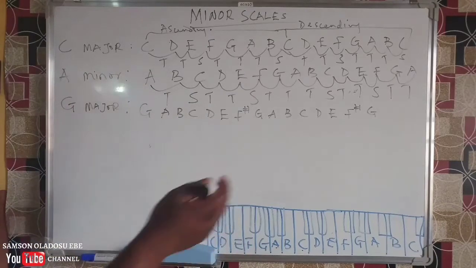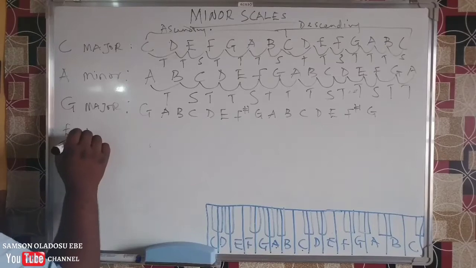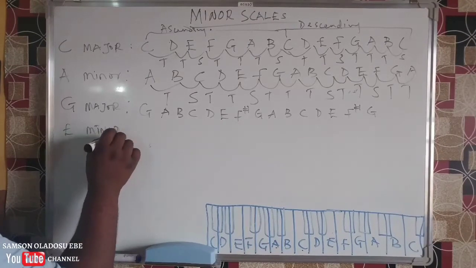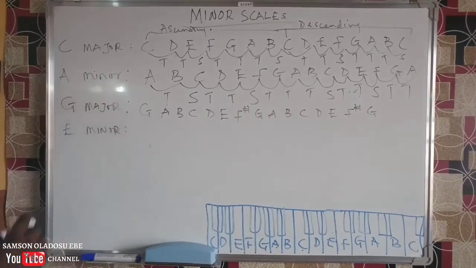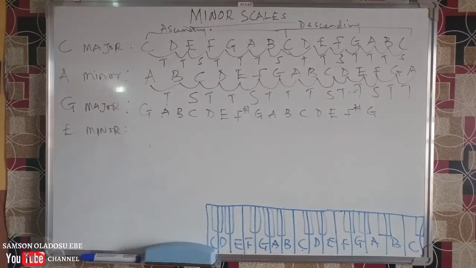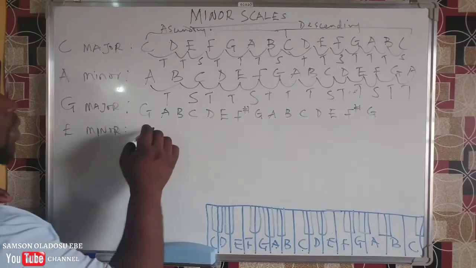Which means that the relative minor of G major is E minor. E minor. Alright? That is the relative minor of G major. Okay, so let's run the scale of E minor now.